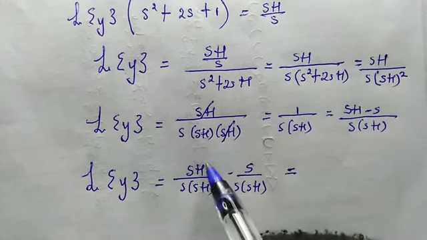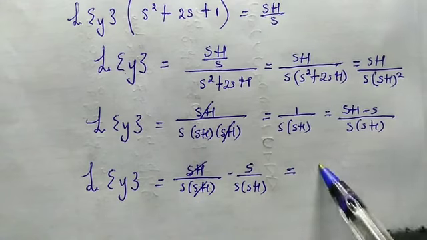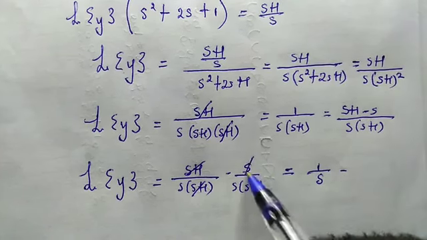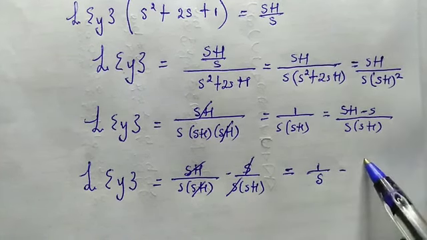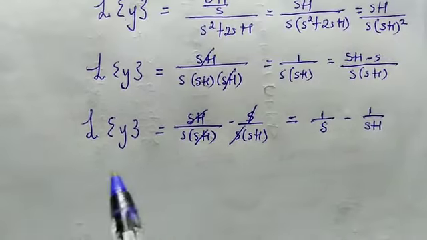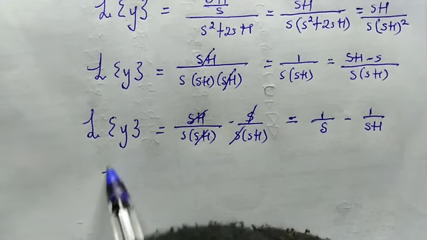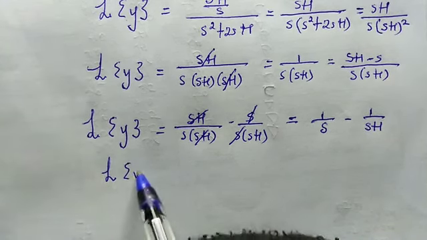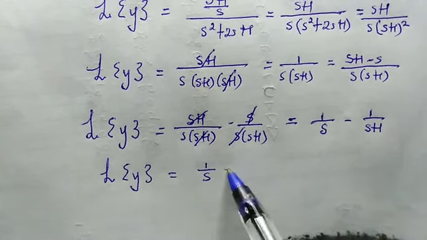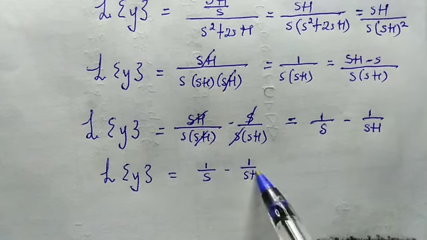And from here, this cancels this, we have just 1 all over s minus, this s will cancel this s, then we have 1 over s plus 1. So from here we can see now we have the Laplace transform of y. This is equal to 1 over s minus 1 over s plus 1.